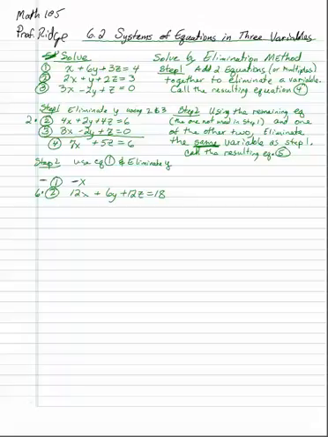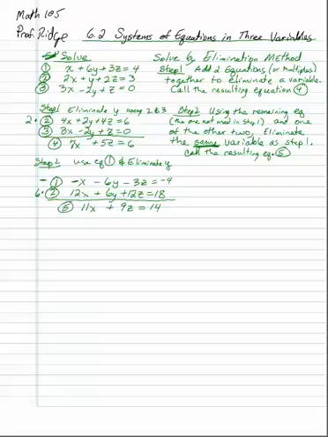So we get negative x, negative 6y, negative 3z is negative 4. And then we get 11x plus 9z equals 14. And we'll call that equation 5.